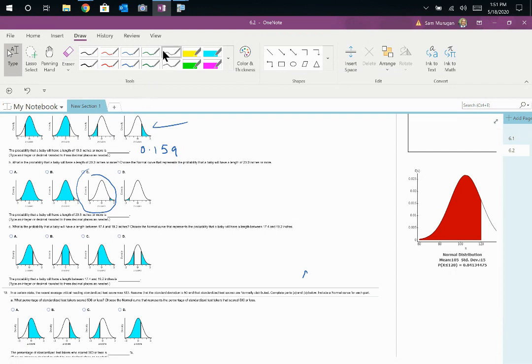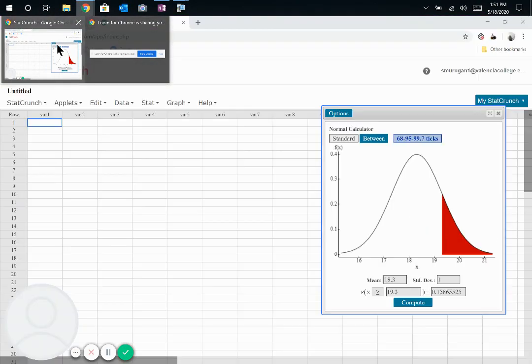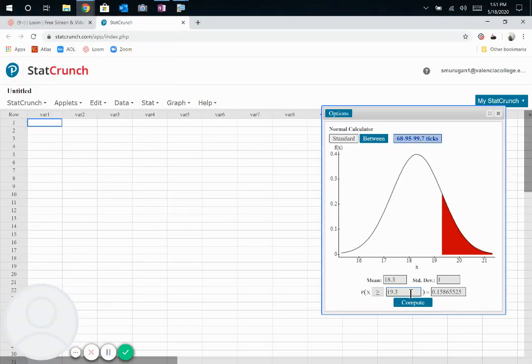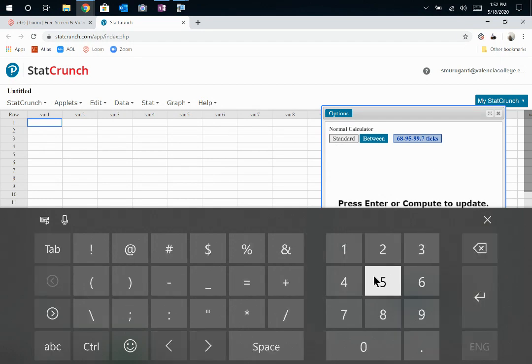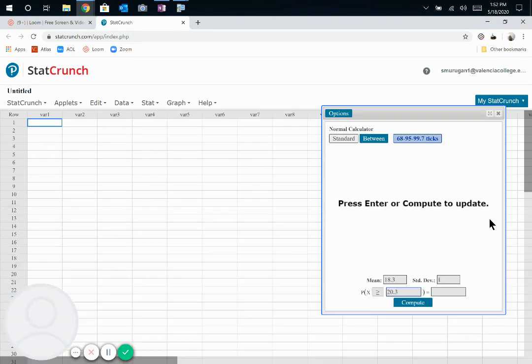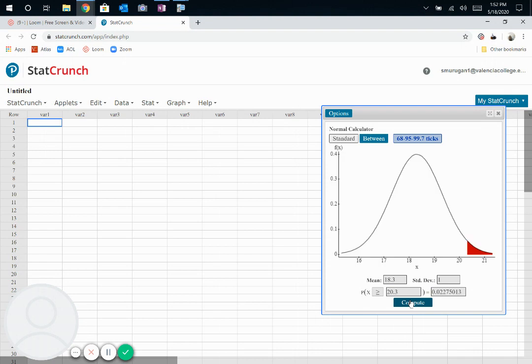Let's type in 20.3 here into the program, and we get the probability is 0.023.